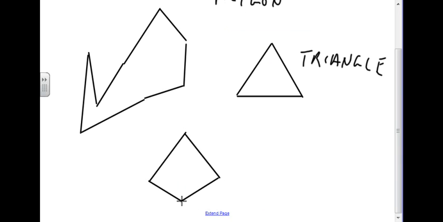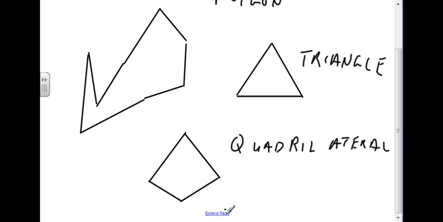That's better. And that'd be a quadrilateral for 4. Quadrilateral. So lateral being some type of a side, quadra being some type of 4.